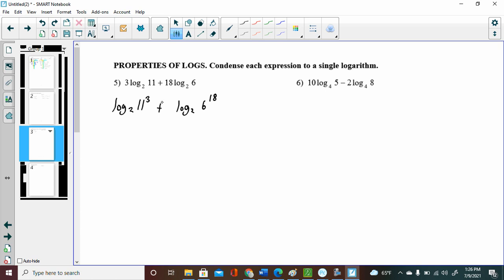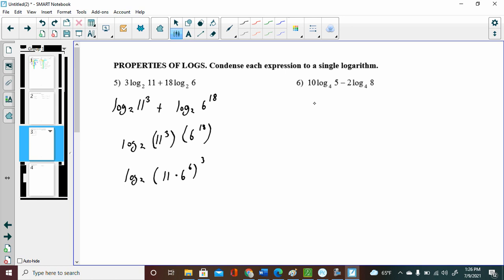I'm multiplying these two things, so log base 2 of 11 cubed times 6 to the 18th. Now if I want some form of the exponents being the same, I can do a little manipulation: log base 2 of 11 times 6 to the 6th, and I can cube everything.